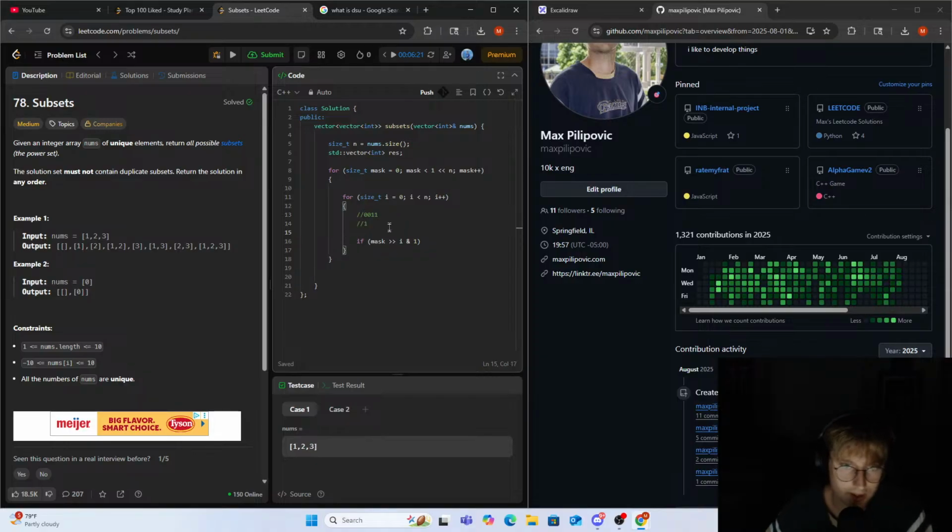Then we go to the next iteration where i is 1, bit shift this by 1. This would turn into 001, our 1 being here. This would be true because we're ANDing it with 1, so i equal to 1 is true, and we would append 2. That's my explanation, but I don't know how I would say that.